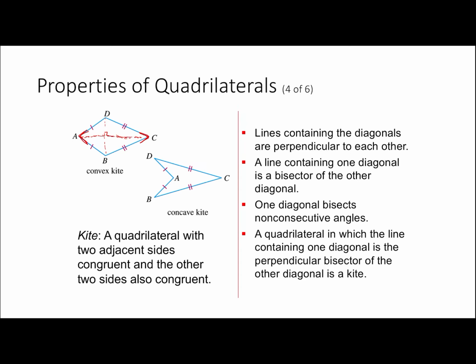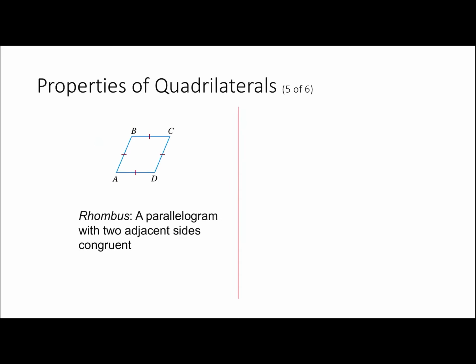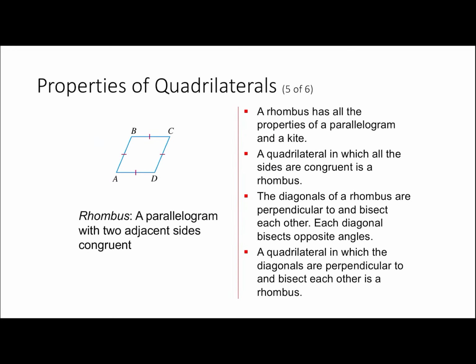So your diagonal is going to bisect, in this case, angle C and then also angle A. It splits those both into equal angles. And then a quadrilateral in which the line containing one diagonal is the perpendicular bisector of the other diagonal is a kite. Again, not one that we're going to look at a whole lot in this class.